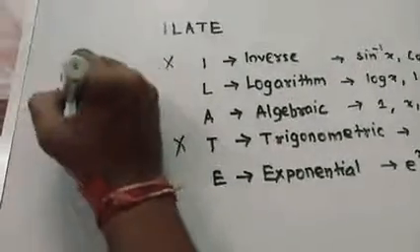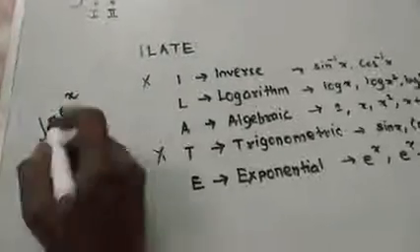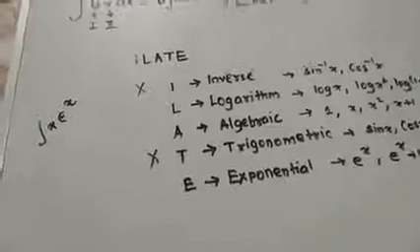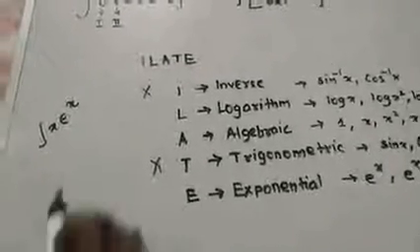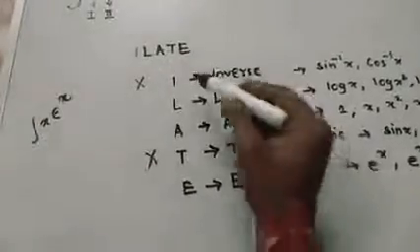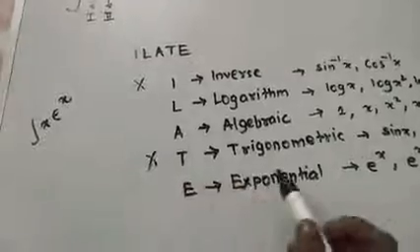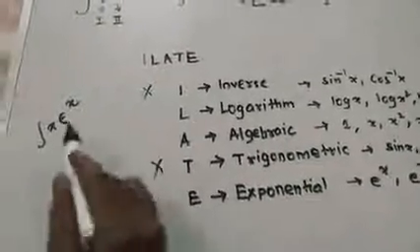Suppose we are integrating, I'm just giving one example, integration of x e to the power x. We have two functions here multiplied, one is x, another one is e to the power x. Now first of all, we have to assign first function and second function. Now first and second are given by this priority list. Which function comes first, we will give them as the first function, and which comes second and last, we will give them as second function.